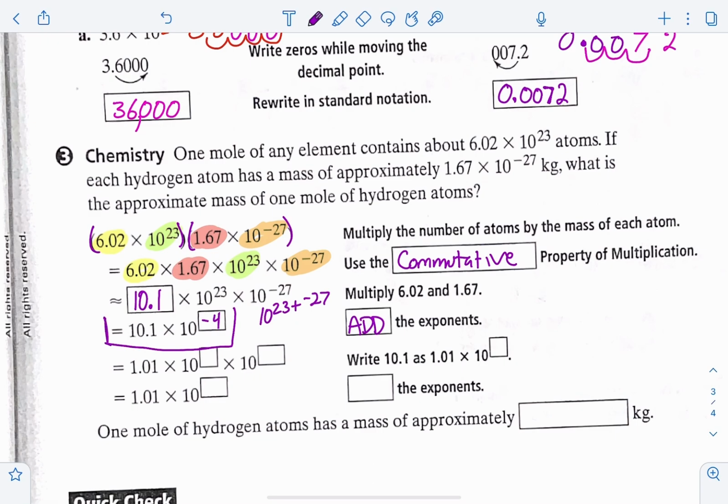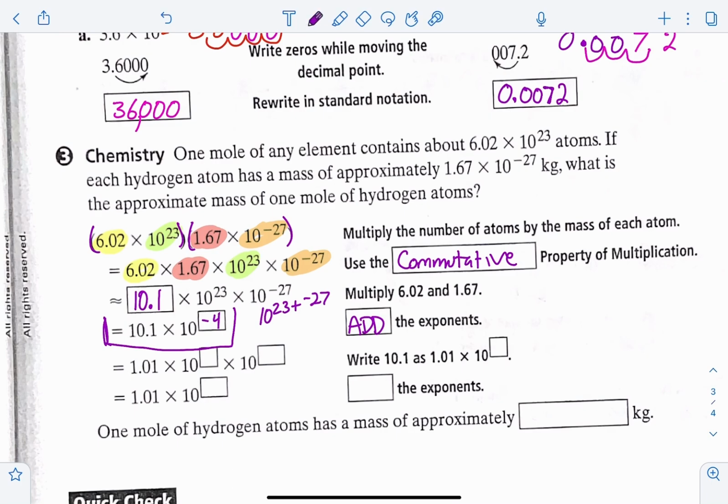Why is this not our final answer? Why is that not the end of this? I have a factor and I have times 10 to the something. Well, the answer is because this 10.01 is not less than 10, right? The first factor in scientific notation has to be greater than 1, but less than 10.